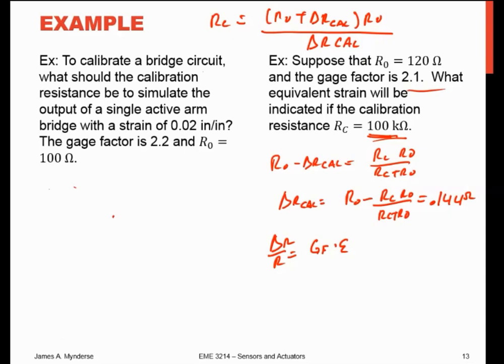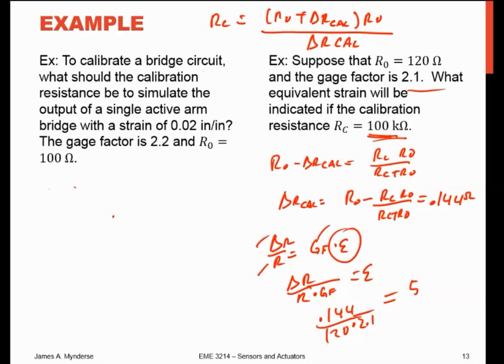Substituting, I've got delta R, I've got gauge factor, I want to solve for epsilon. So delta R over R, times gauge factor in the denominator, equals epsilon. That's 0.144 over 120 times 2.1, and that should come out to be 5.7 times 10 to the minus fourth in terms of our strain.